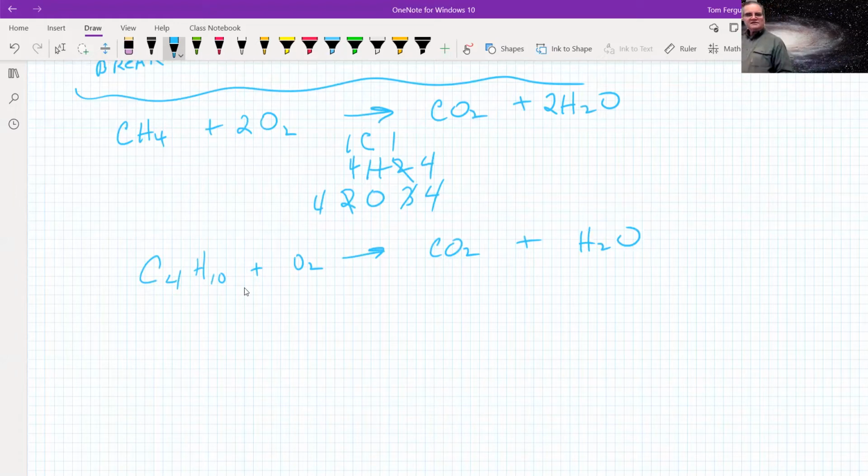Okay, so we're going to take my butane lighter, C4H10, and I'm going to light it. I'm going to get that started with that activation and get the oxygen combined with the butane. So again, the C4H10 can break apart, combine with the oxygen, and reform to form carbon dioxide and water.